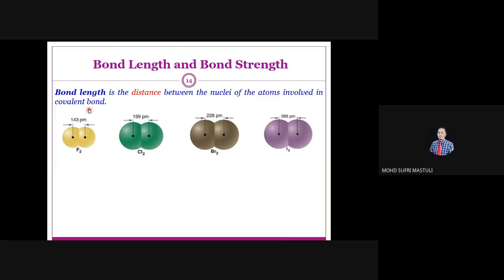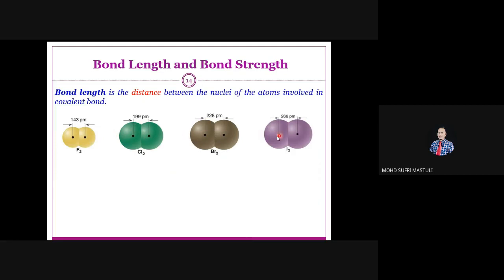So a little bit of information regarding bond length and also bond strength. So what is bond length? Bond length is the distance between the nuclei of the atoms involved in the covalent bond. So this is the nucleus, this is the nucleus, the distance between the nuclei we call bond length.